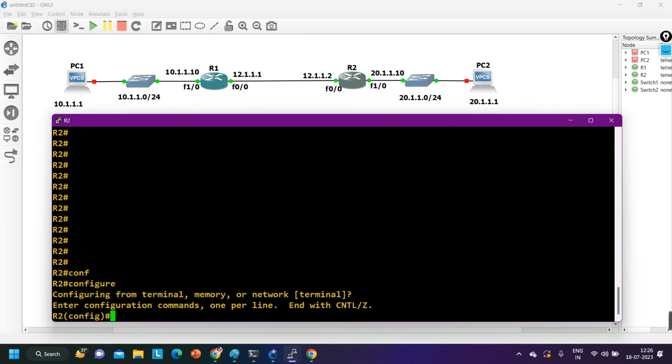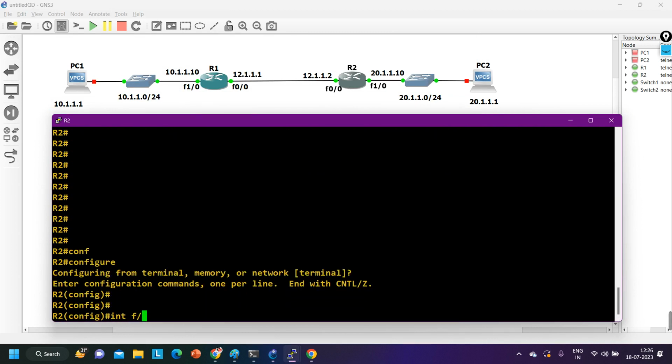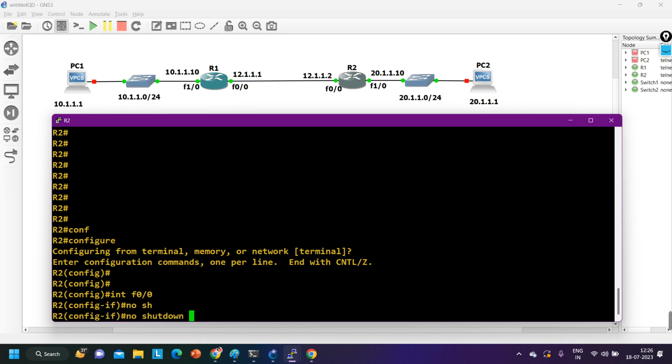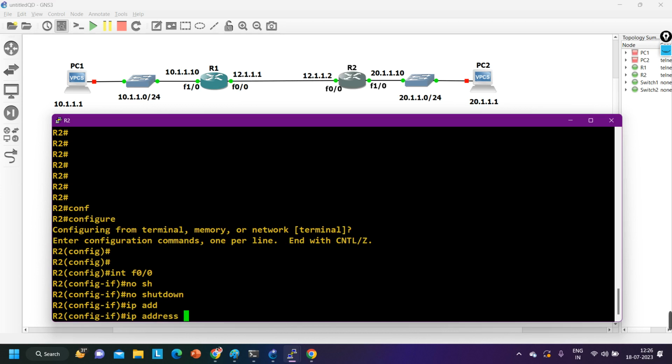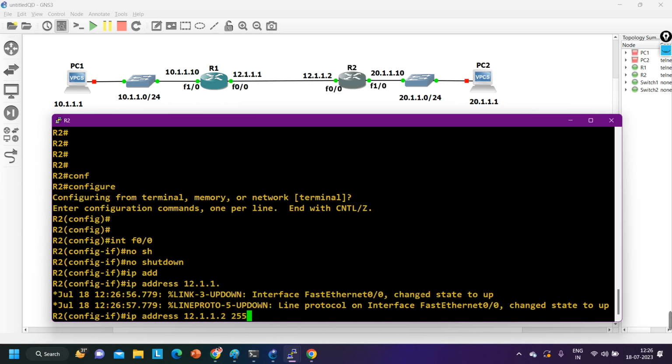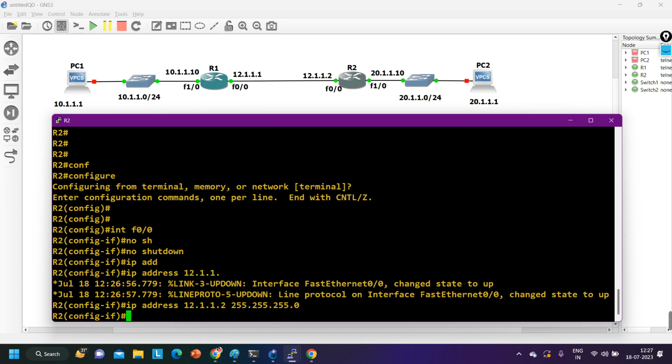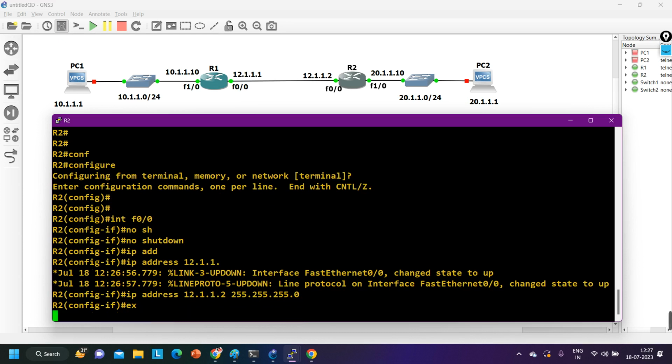Config T, interface F0/0, say no shut and IP address 12.1.1.2, 255.255.255.0. So I have assigned this IP address on F0/0. Done.